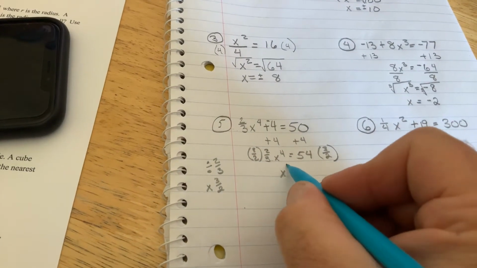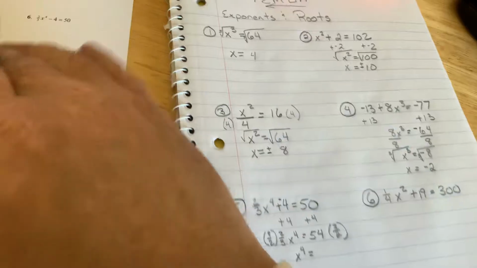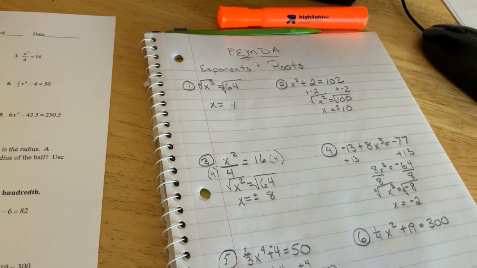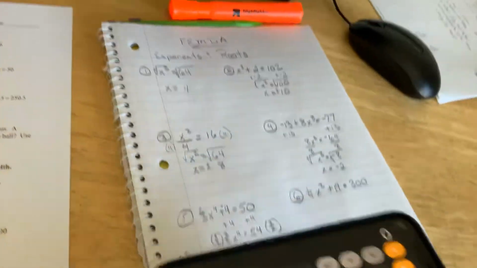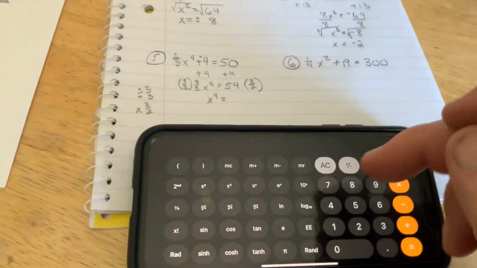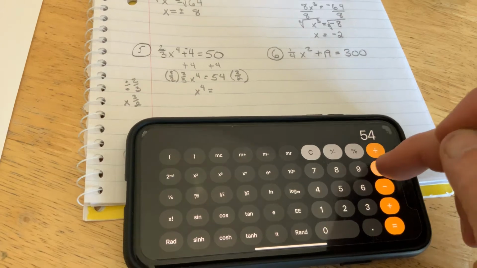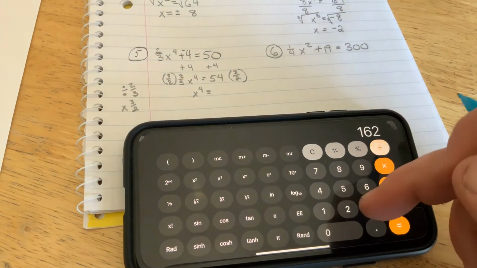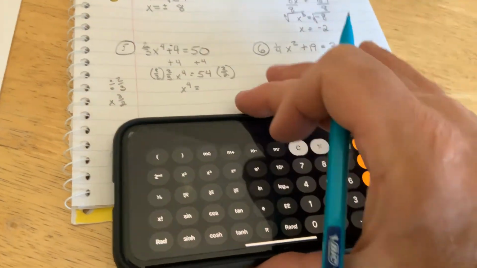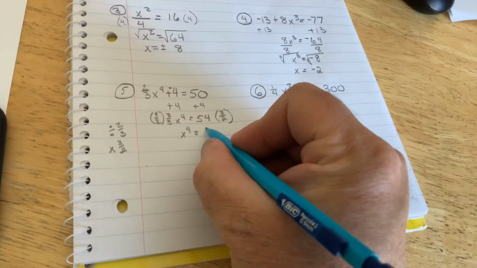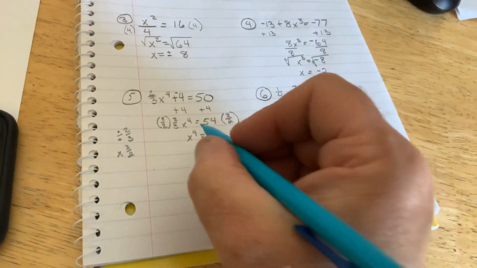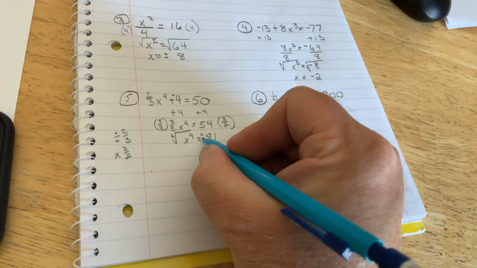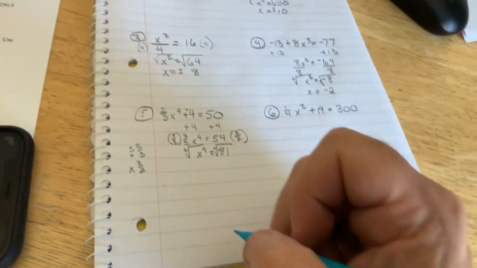I get x to the 4th equals 54 times 3, which is 162, and then I divide that by 2, and I get 81. Now, the 4th root is what we have to do here because we're undoing the power of 4.